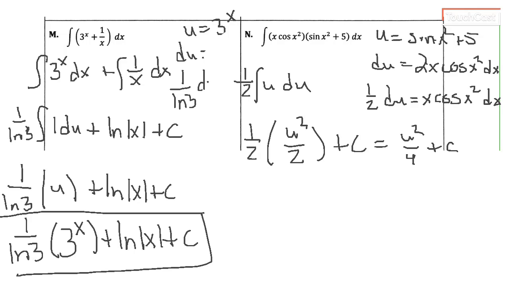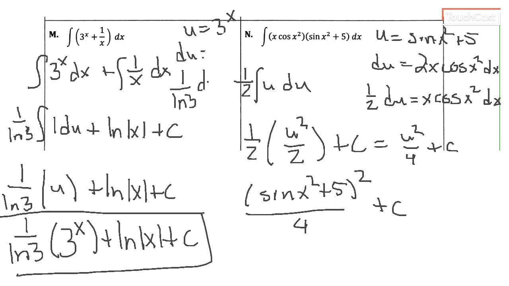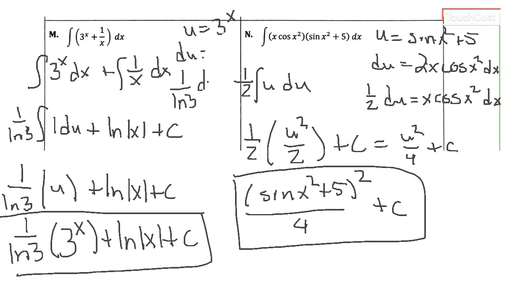That way I just do not have to worry about having a mess. Now let's replace u. We're going to have, in parentheses, sine of x squared plus 5, squared over 4 plus c. And that's our answer.